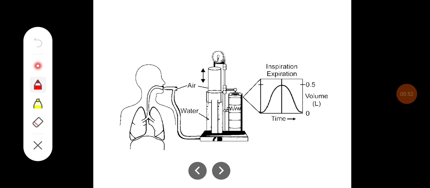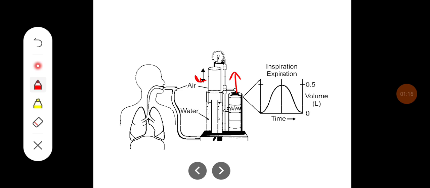So this is a diagram showing the principle of spirometry. Whenever the person inspires, he is going to draw gas which is water sealed, so the chamber is going to move in a downward direction and the lever is going to move in an upward direction, and that is going to be recorded on the moving paper.